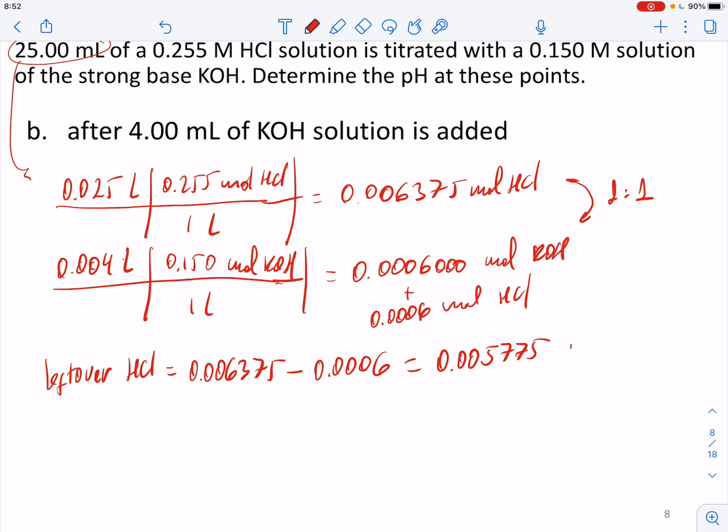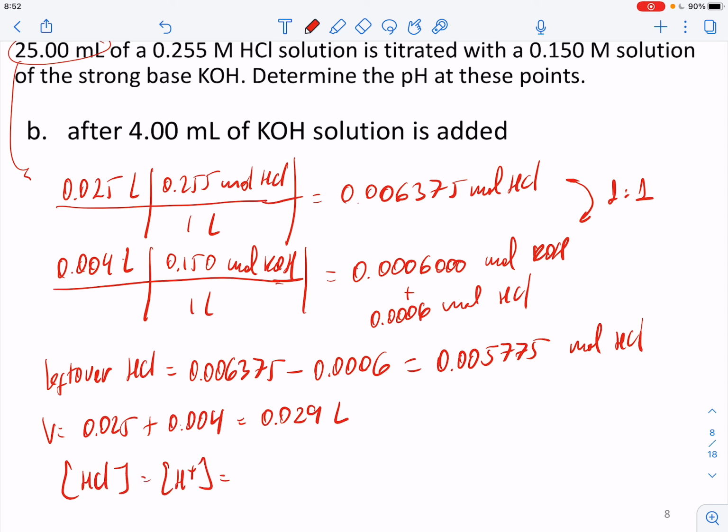Okay, now these are moles of HCl, and you have to divide that by the final volume. The final volume is equal to 0.025 plus 0.004, which is 0.029 liters. So the concentration of HCl, which is going to be equal to the concentration of H plus, is 0.005775 divided by 0.029, and this is equal to 0.199 molar.